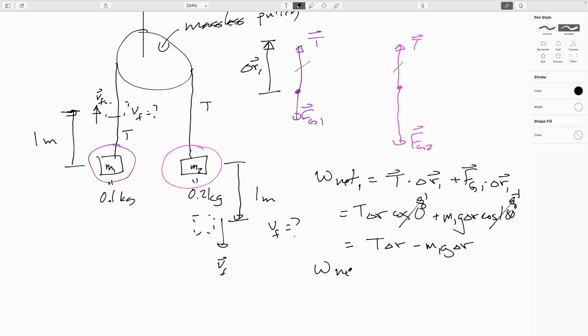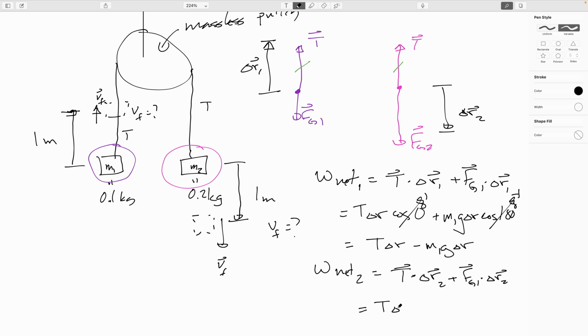The work done on the second object will be the tension dotted with delta R2 plus the force of gravity dotted with delta R2. So here the displacement, my delta R2, is pointing down, and again I'll drop the 2 subscript as soon as we take the dot product because it's the same distance as delta R1 here.